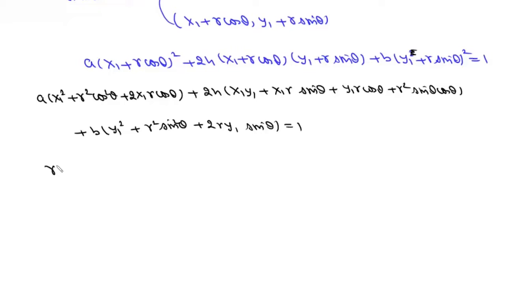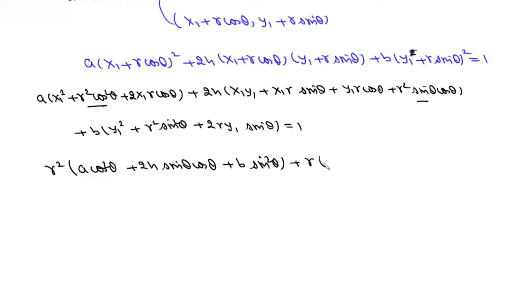So we can write this as r square into a cos square theta plus 2h sin theta cos theta plus b sin square theta, plus, and then we write terms containing r.